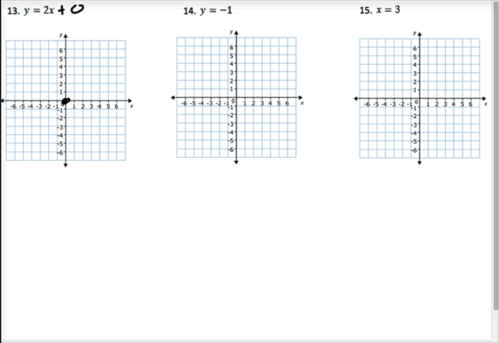Now, from there, you have a slope of 2, or as I like to think of it, 2 over 1. Rise of 2, run of 1. So for each of these, rise of 2, run of 1. So you collect all those points.